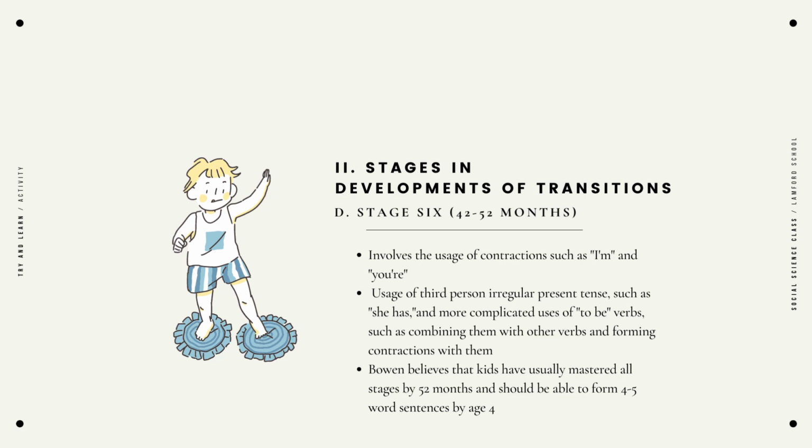Now, this is stage 6, which happens at 42 to 52 months. This involves the usage of contractions such as I'm and you're. Usage of third person irregular present tense is also occurring at this stage, such as she has, and more complicated uses of to be words, such as combining them with other verbs and forming contractions. Bowen believes that kids have usually mastered all these stages by 52 months, and at the age of 4 should be able to form around 4 to 5 sentences.